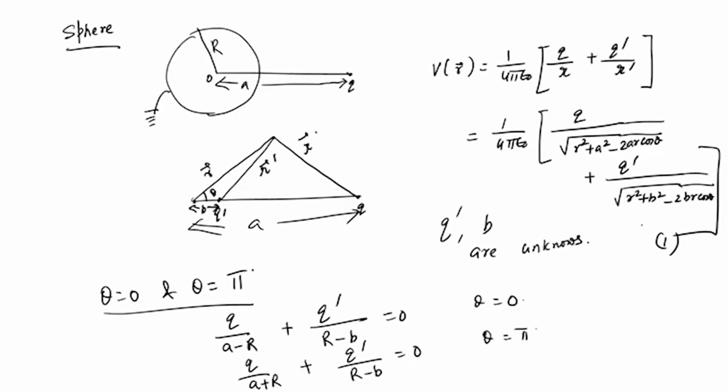Now, you see this equation 1 satisfies the boundary condition, because at small r equal to capital R, it will go to 0, and of course, at very far off points, it is still equal to 0. So, if you solve these two equations, you get q prime equal to minus R over a into q, and b equal to R square over a. Okay.